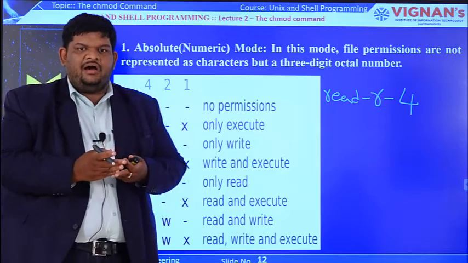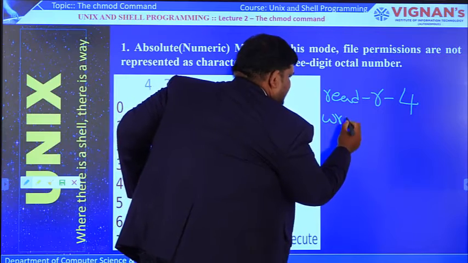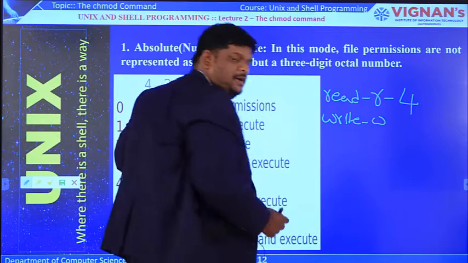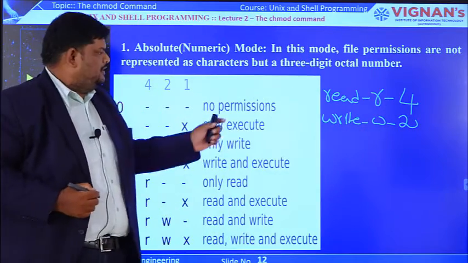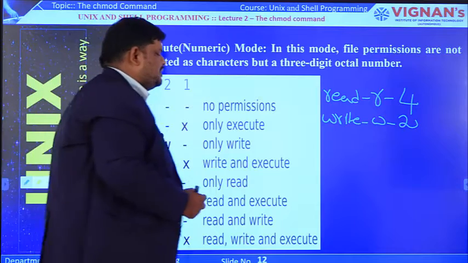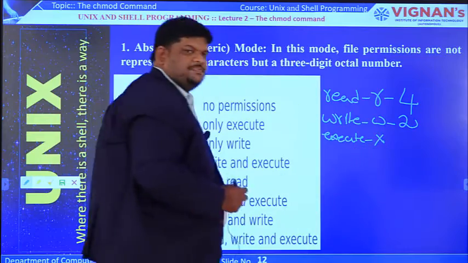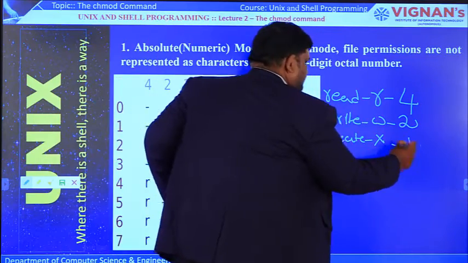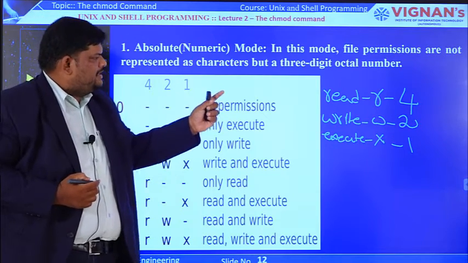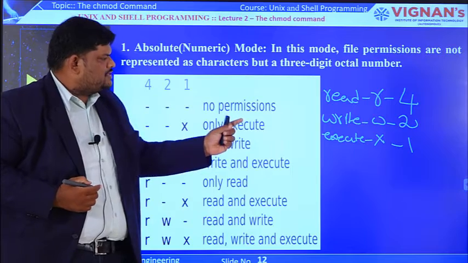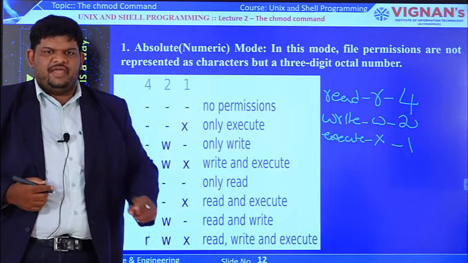The second permission is write, indicated with small w, and its octal value is 2. The third permission is execute, indicated with small x, and its octal value is 1. So r is 4, w is 2, and x is 1. These are the default values for read, write and execute permissions.